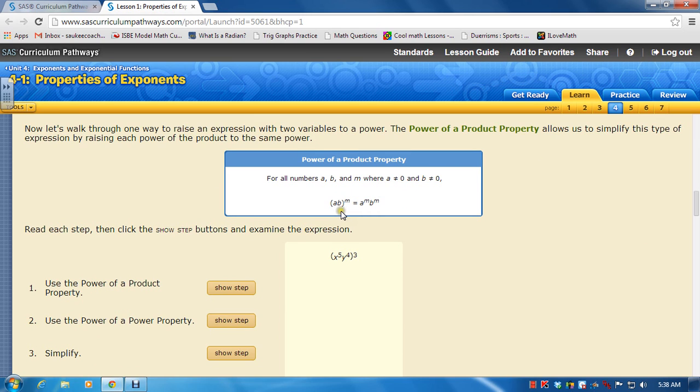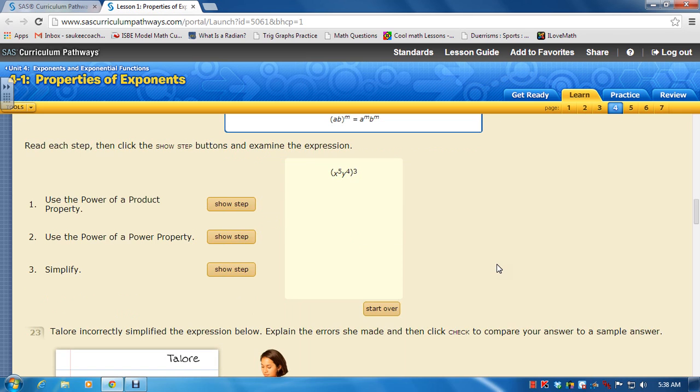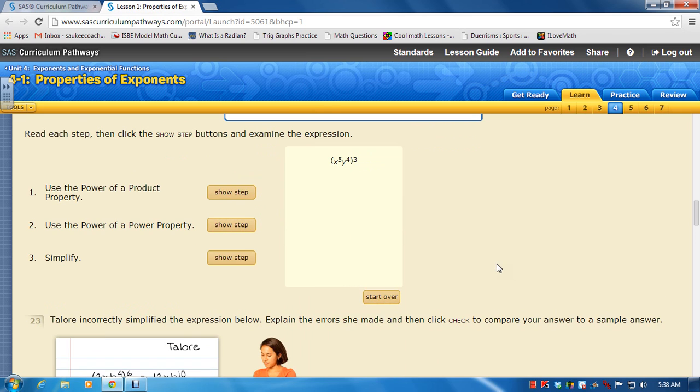Now, if we've got a power of what is called a product, because these are being multiplied together, let's show the steps for this. So I've got this problem right here. I've got x to the 5th times y to the 4th raised to the 3rd power. Well, I can't combine these because they're an unlike base.